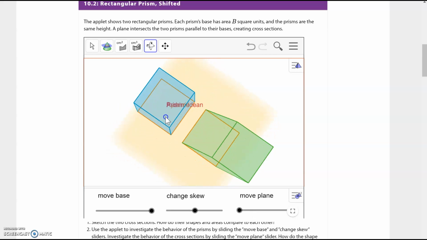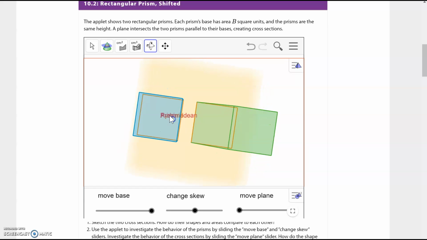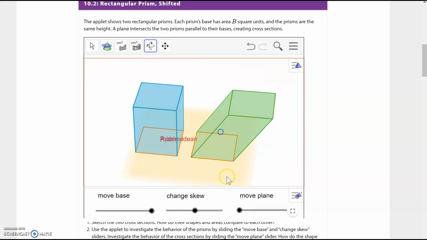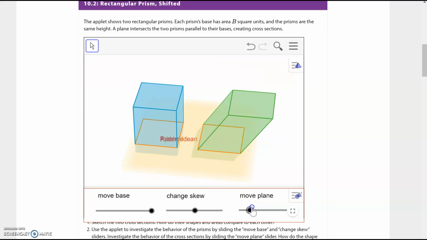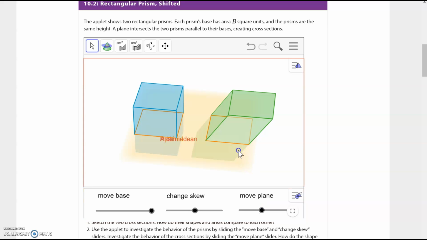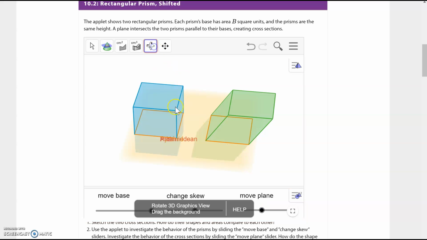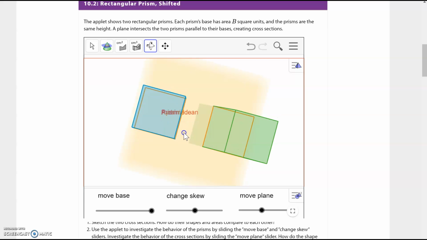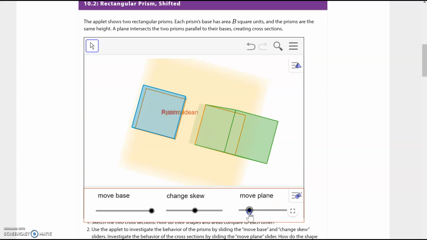So take a look. Here are our bases, and notice that they are congruent. Question 1 said we want to sketch the two cross sections. As we move this plane upward, look what happens to my cross sections. Notice the shape and the size don't really change.